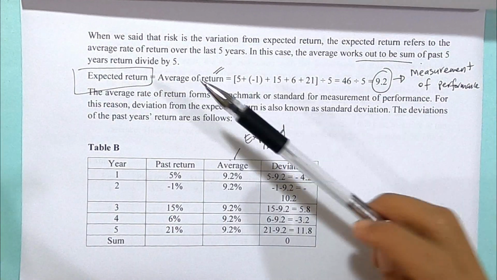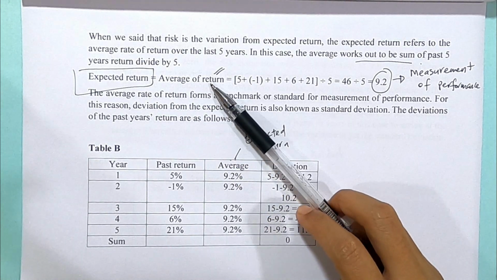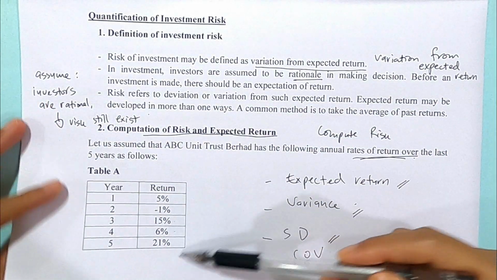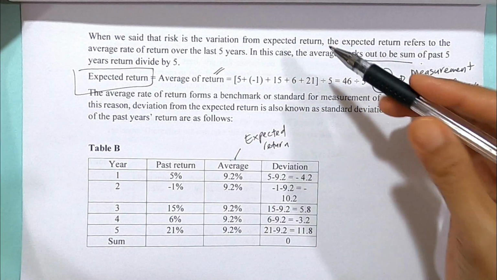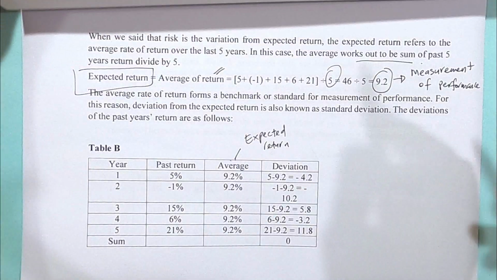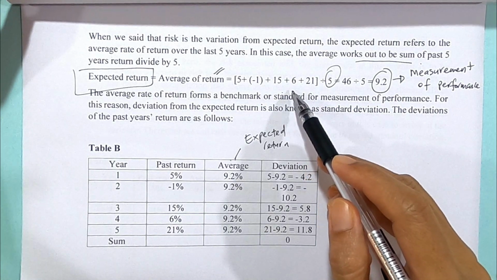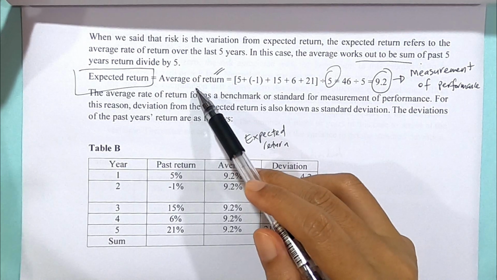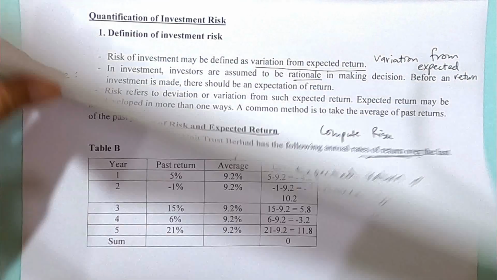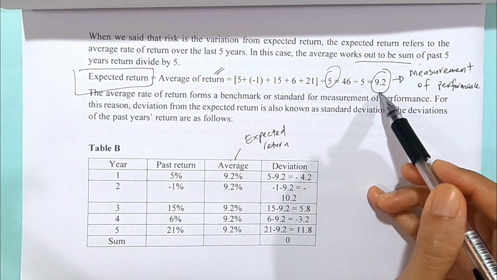When we want to calculate the expected return, which also means the average of the return, this is very simple: we just need to add up all of the returns and divide by 5, with 5 referring to the 5 different years that we have. Therefore, the expected return for ABC, which is equivalent to the average return, we add all of them together, divide by 5, and we get 9.2.